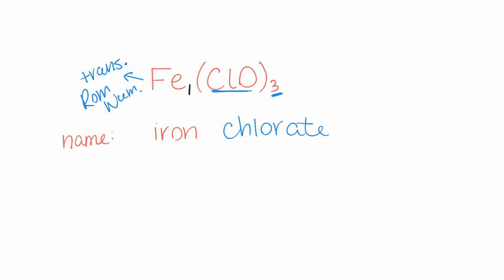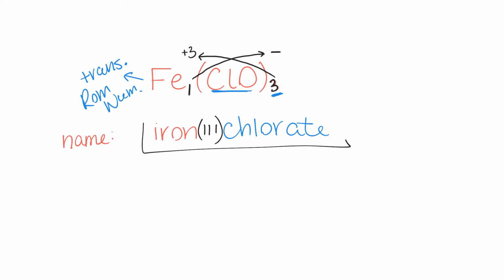There's 1 iron, and there's 3 chlorates. If I was working in reverse order, these numbers would tell me about their charges, right? So I'm going to uncrisscross, which means chlorate had a charge of -1, and iron must have had a charge of +3. So I'm going to name this iron III chlorate, and that is my final answer.